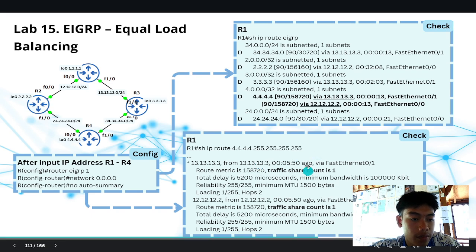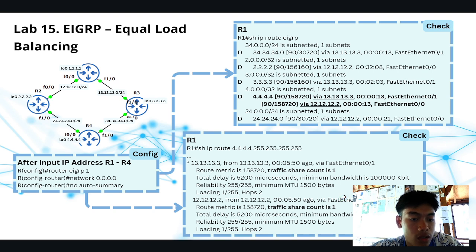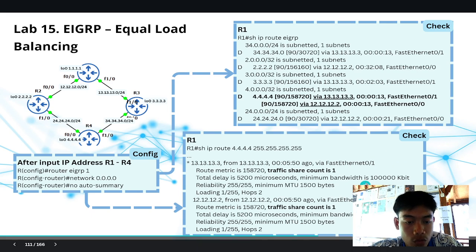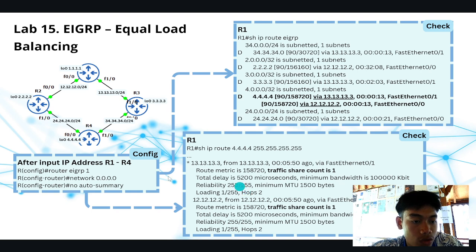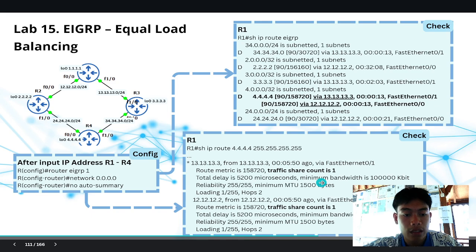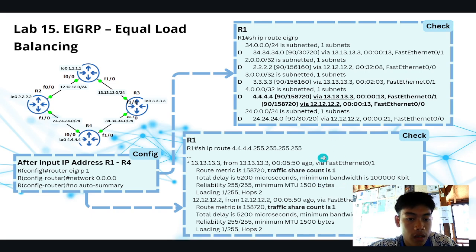Summary: this lab demonstrates EIGRP equal-cost load balancing. Number 1, router 1 has two possible routes to router 4, via router 2 and via router 3. Number 2, since both paths have the same metric, bandwidth and delay, EIGRP installs both routes in the routing table.